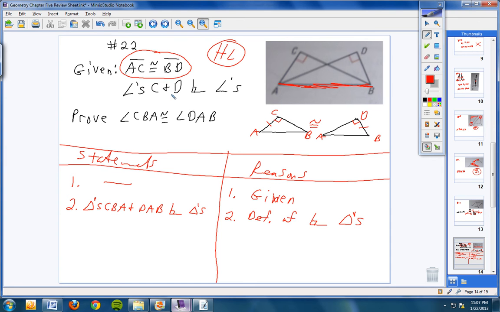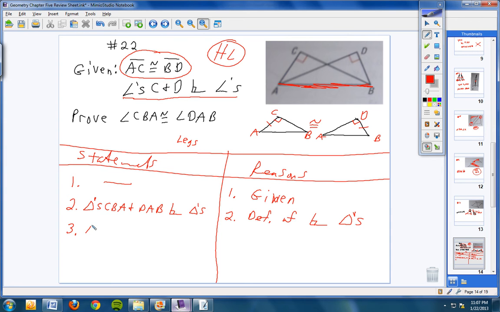Because look in your given, did we not already state in our given that we have right angles? Yes, we did. So as soon as we state we have right angles, we can definitely state that we have right triangles. So far so good. Look up here in your given, we have stated AC is congruent to DB. That's the legs. So we've stated the legs so far. Now we got to state the hypotenuse, or the hypotenuses.